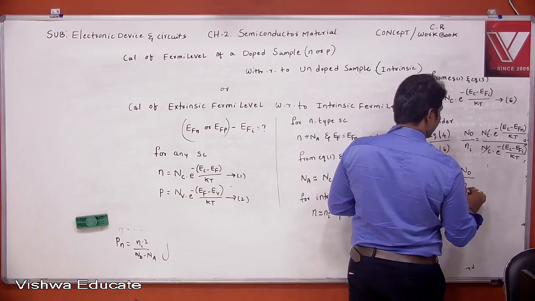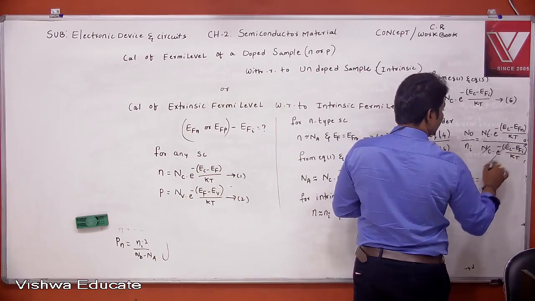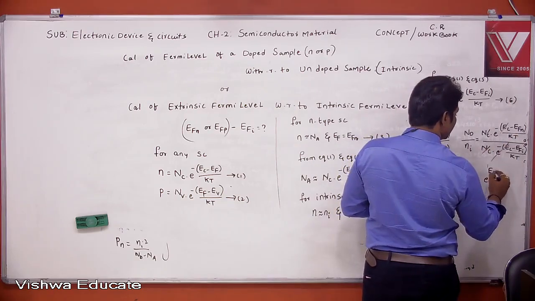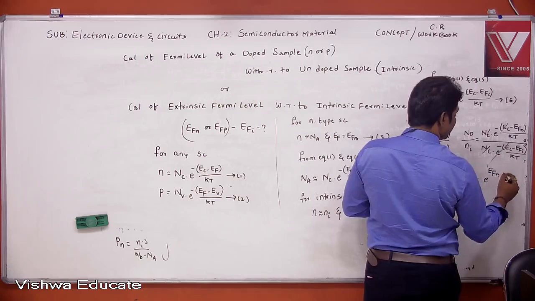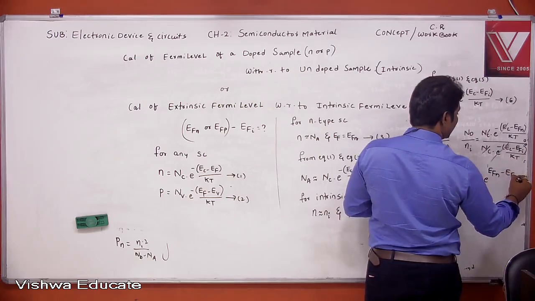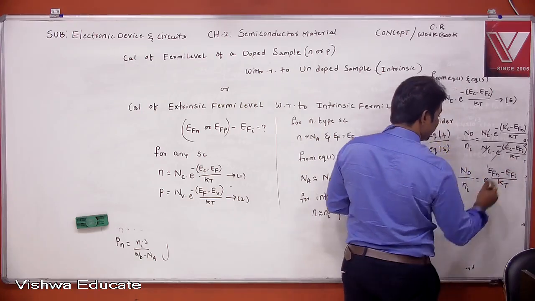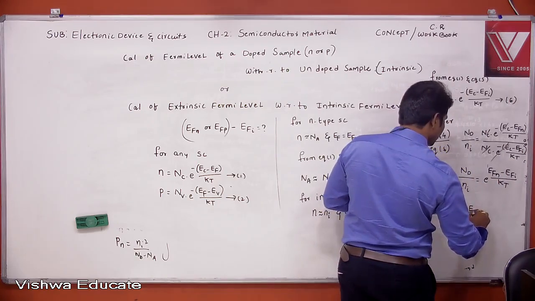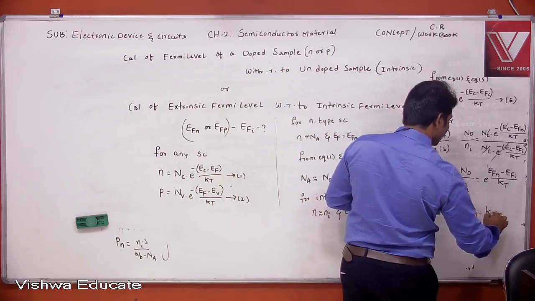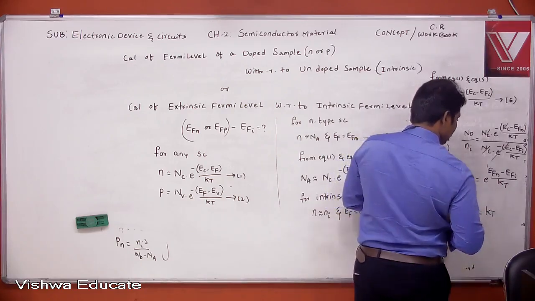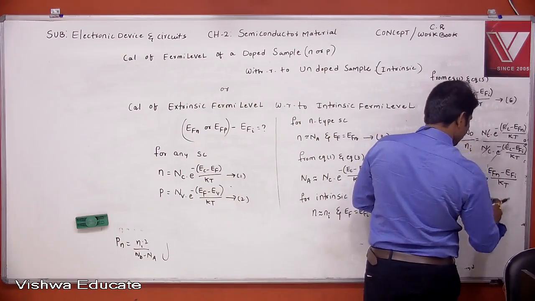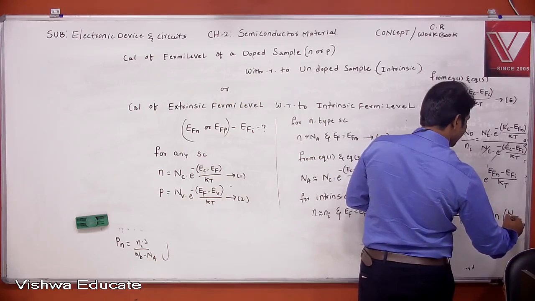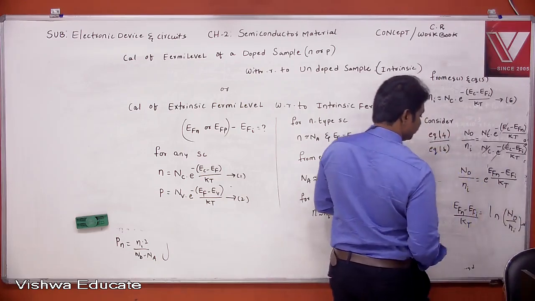Now Nd by Ni is equal to e power, Ec cancels, minus of minus plus, this is EFN, minus of minus plus, it becomes minus EFI by kT, right? Now take logarithm on both sides. Now EFN minus EFI is equal to kT ln of Nd by Ni, right?